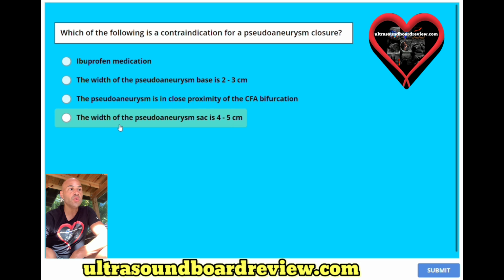Or is it D. The width of the pseudoaneurysm sac is 4 to 5 centimeters? The answer is B. The width of the pseudoaneurysm base is 2 to 3 centimeters.